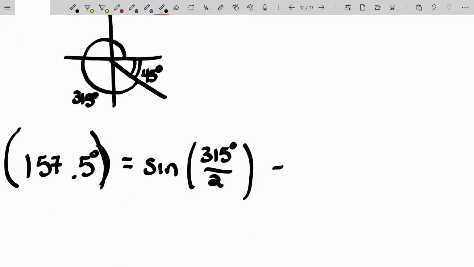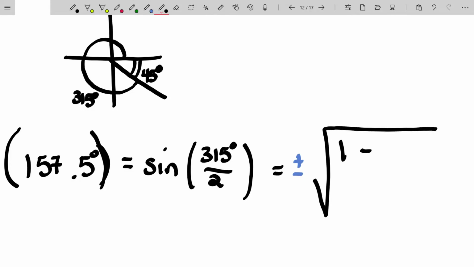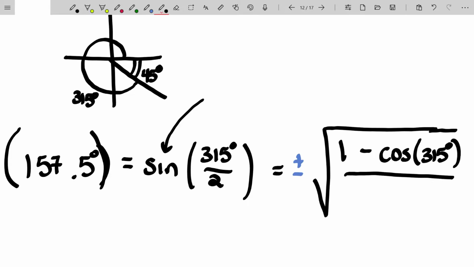Sine of the half angle is equal to plus or minus, and let me write that in blue like I did in the last example, because I know I'm going to replace that in a moment. The square root of 1 minus, remember for the sine, you do the opposite inside the half angle formula, so 1 minus the cosine of that 315 degree angle, and that is over 2 within the radical.